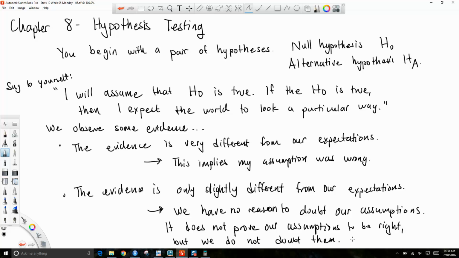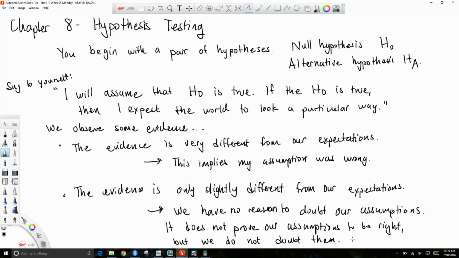But you can say, if we want to test out a belief, we say, well, what would we expect under this set of beliefs, okay? And then we look at the evidence, and if it lines up quite closely, then we've got no reason to doubt it. It doesn't prove that this thing is true, but we have no reason to doubt our beliefs. On the other hand, if the evidence we have is significantly different from what we would have expected, then this presents a problem. Okay? Does that make sense?